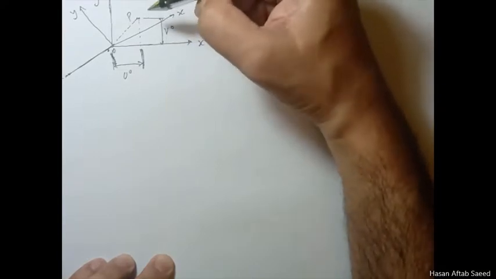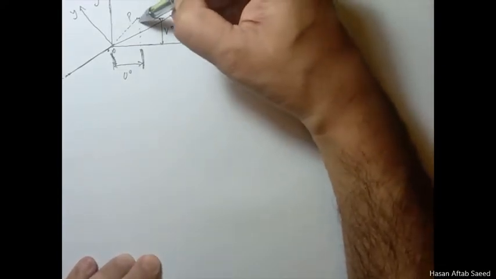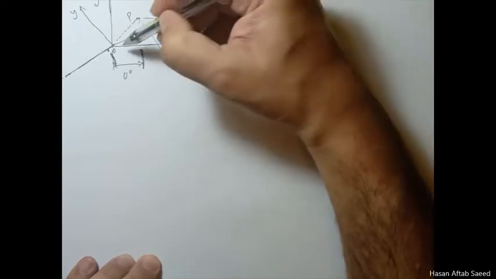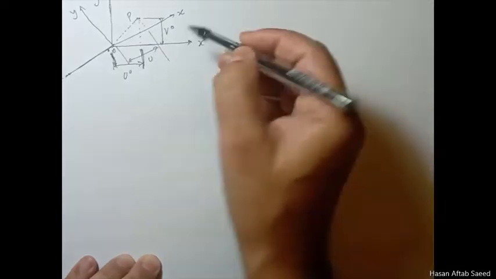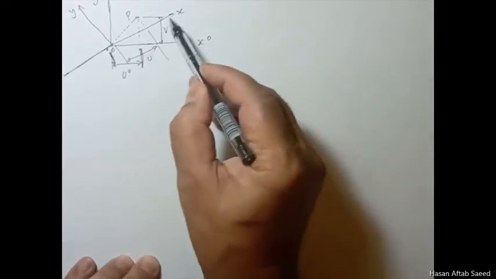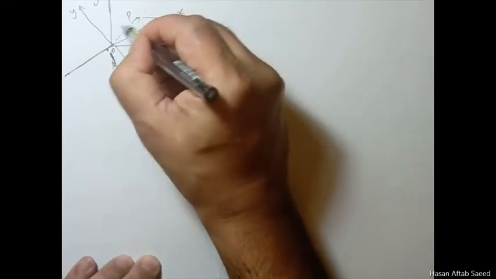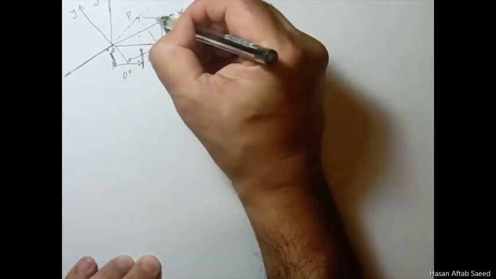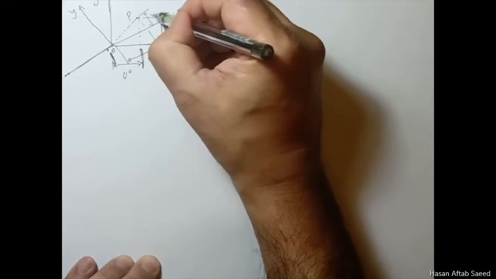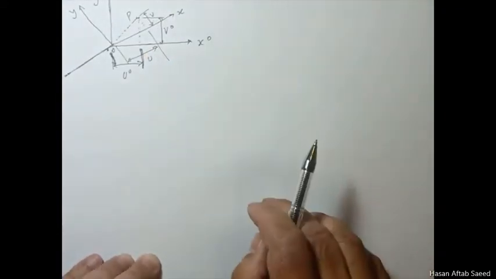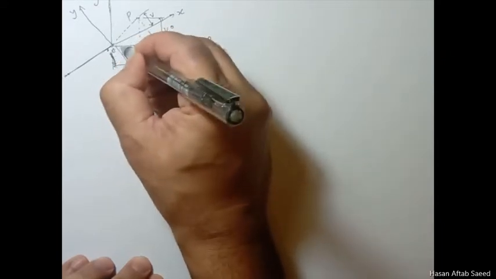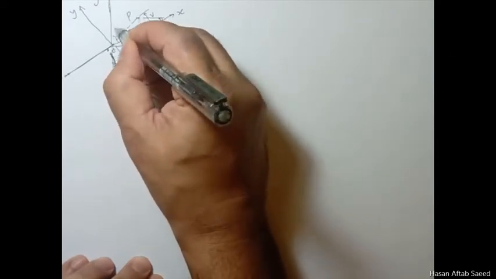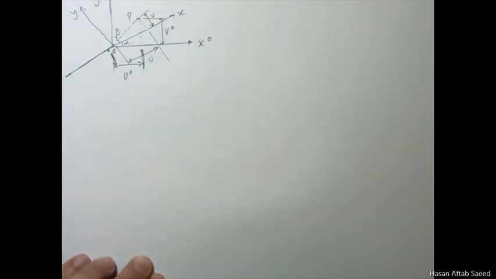Similarly, this is the u component on the local x axis, and on the y-axis this will be the v component. These are the global, these are the local. Now let's say that the original angle of this element was alpha. If this is alpha, then this is obviously beta.